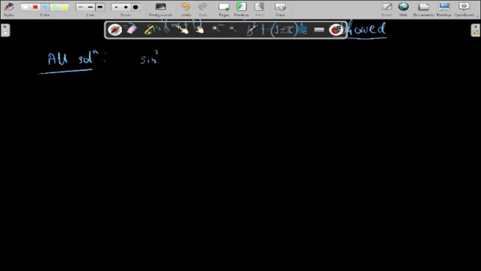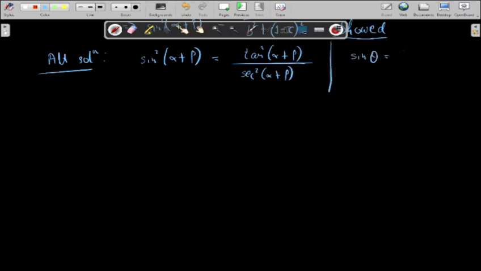We have sin square alpha plus beta equal to, we can write it as tan square alpha plus beta by sec square alpha plus beta. This is because sin theta can be written as tan theta upon sec theta, because tan theta is sin theta upon cos theta, right?